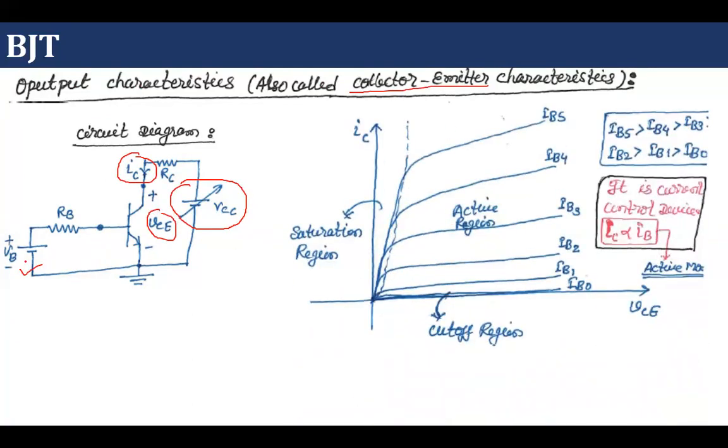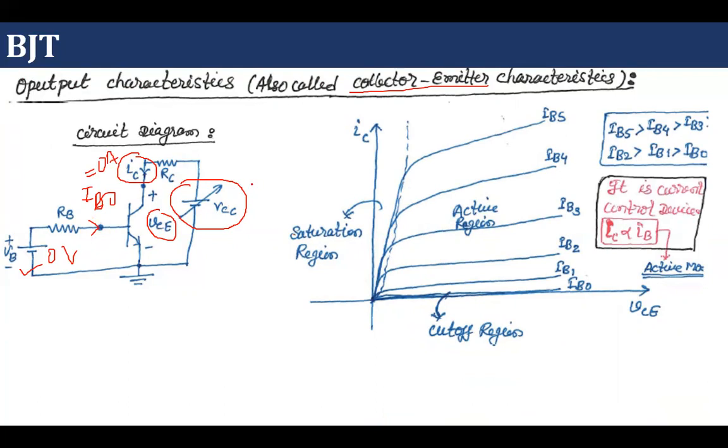So suppose for this voltage which we are having at this time, current IB0 is flowing. Let us consider this voltage is 0 volt, so IB0 will be equal to 0 ampere. So what will happen if this base current is 0?